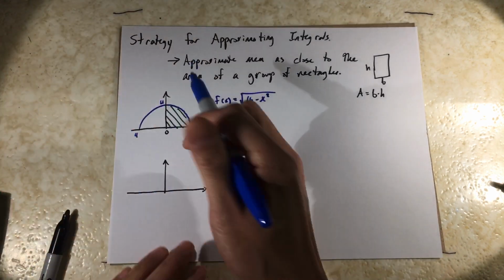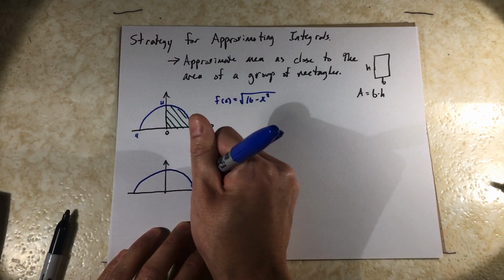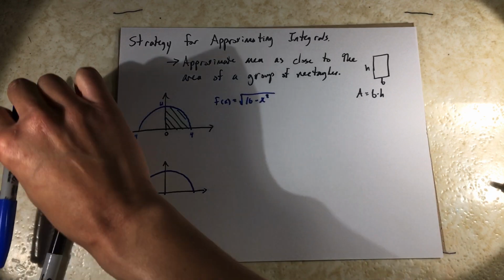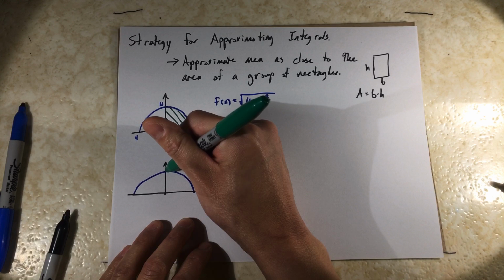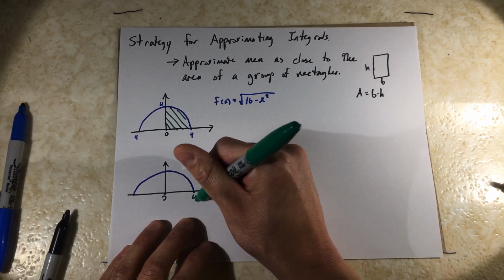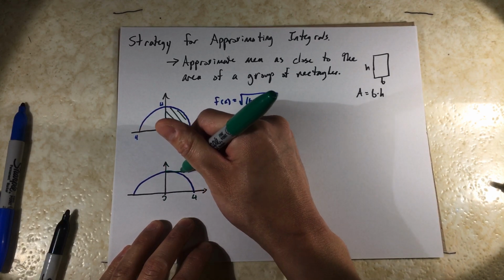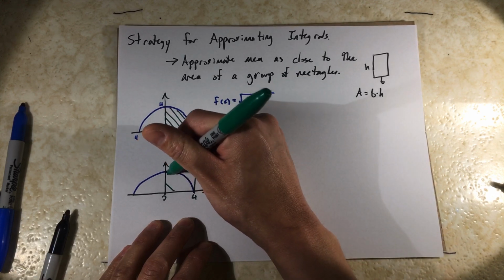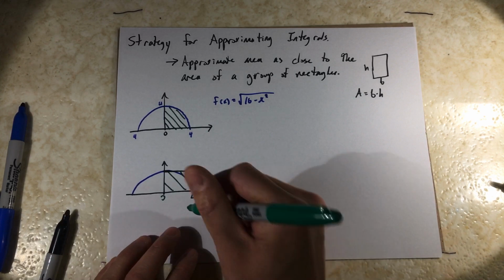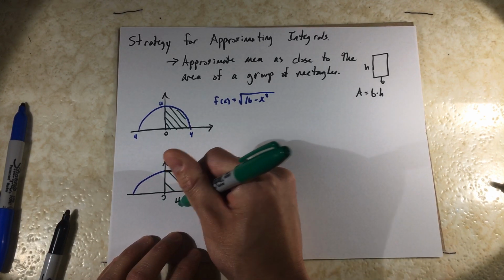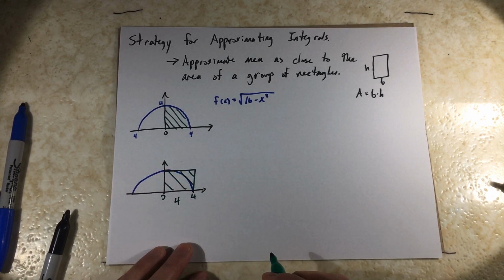So our first approximation is we're going to approximate this circular part from 0 to 4 as a rectangle that looks something like this. So obviously, that's not a great approximation.